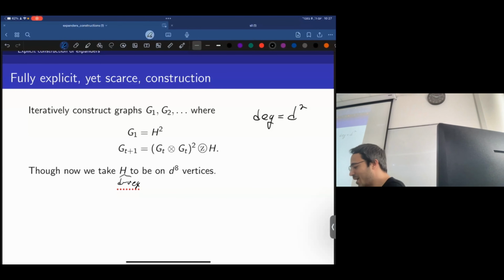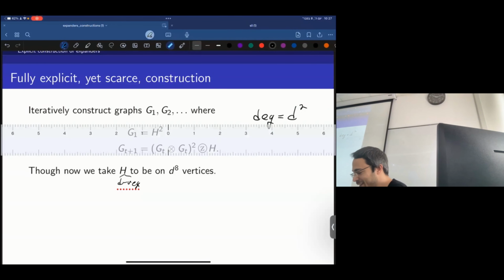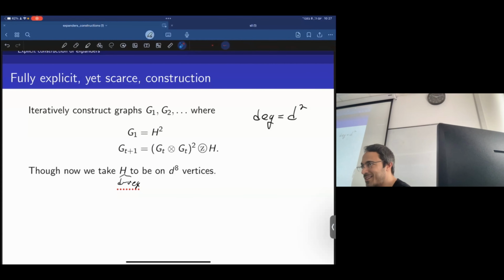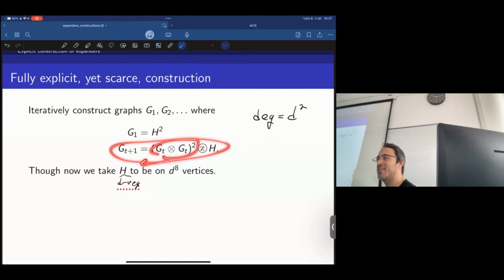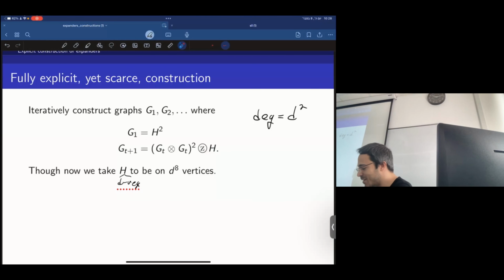So the degree of G1 is D squared, but I don't even write G1 because we know the degree of every graph is D squared, because it has nothing to do with what's written here. So we already computed it. It only depends on that part. And the degree of H is D, so the degree of G_{t+1} is D squared. Zigzag completely decouples the degree from that side of the zigzag.